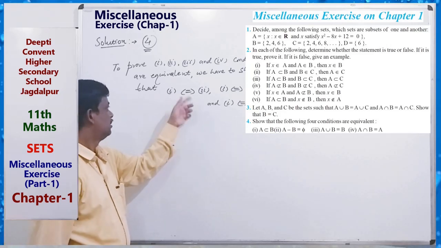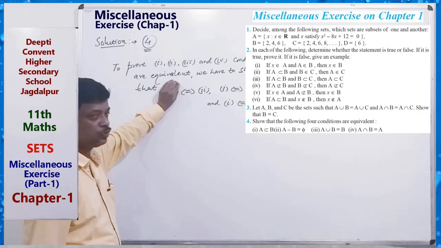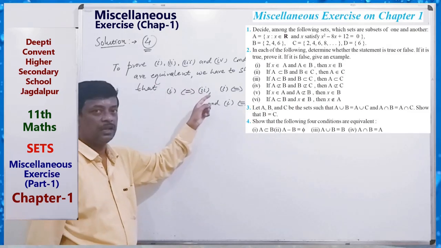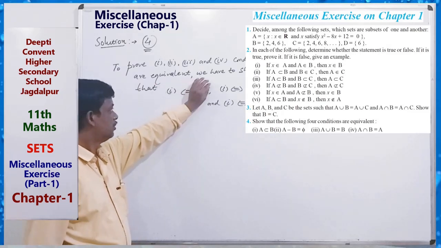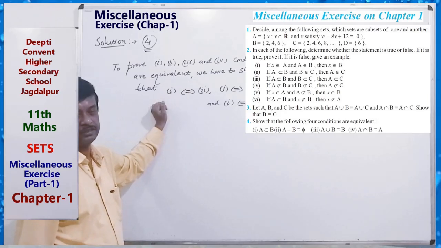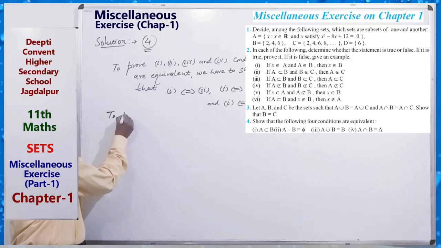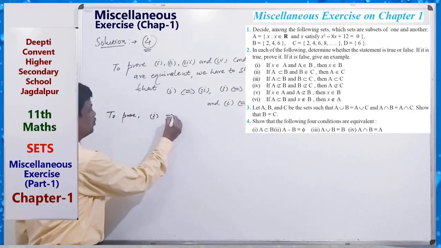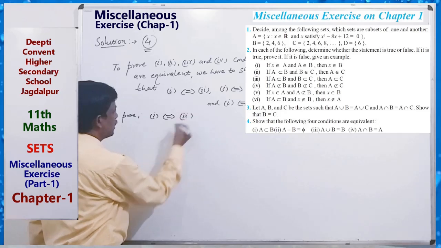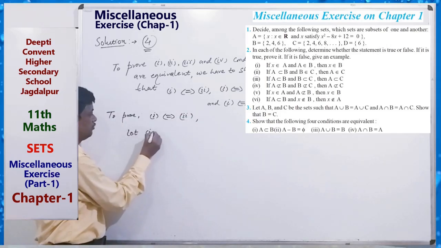For this we have to take this is true, then we can get this, and also let this is true, then we can get this. So to prove first is equivalent to second, let first means what?